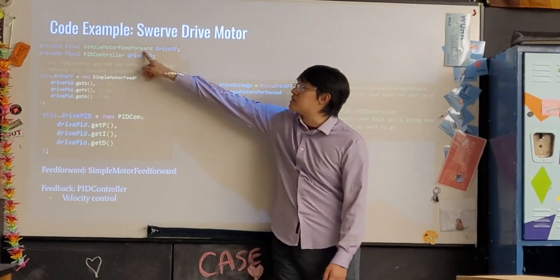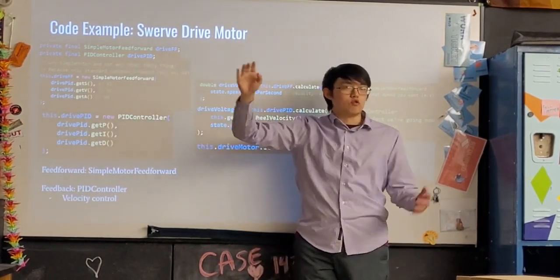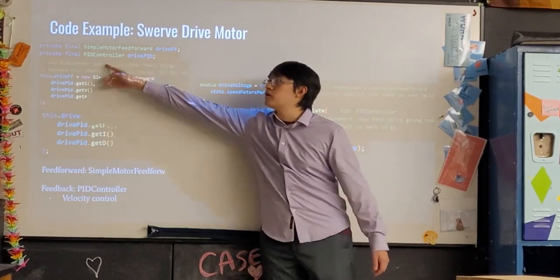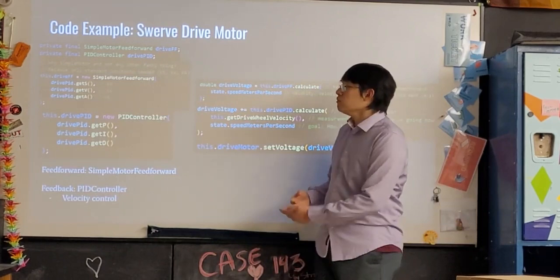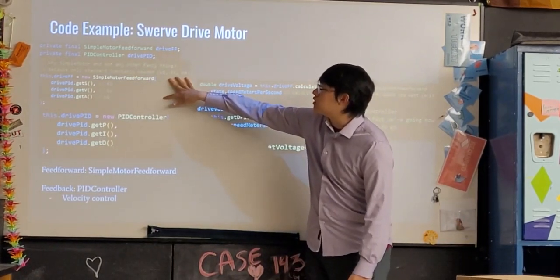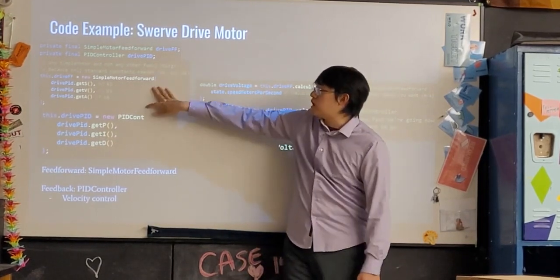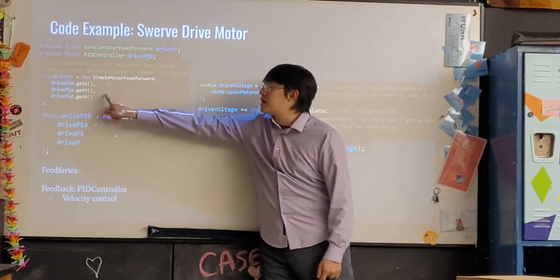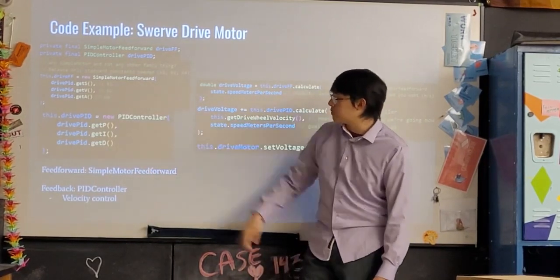The class is simple motor feed forward, and your PID controller is the normal PID controller, because you want to do aggressive correction for velocity. We're setting the constants here, initializing these variables with the constants that we pass in: kS, kV, and kA for feed forward, P, I and D for the PID controller.